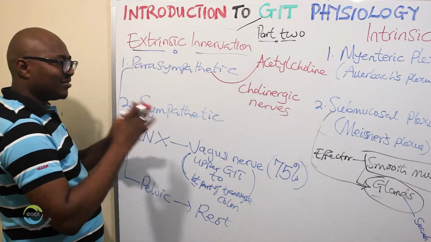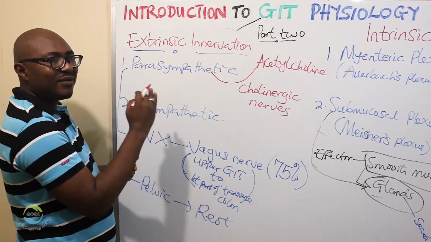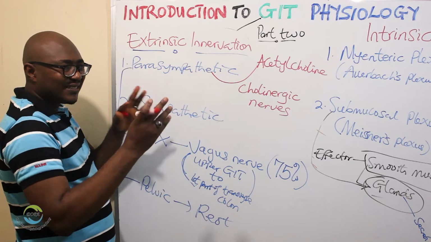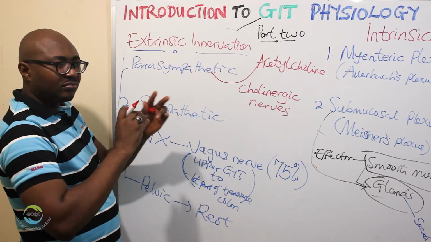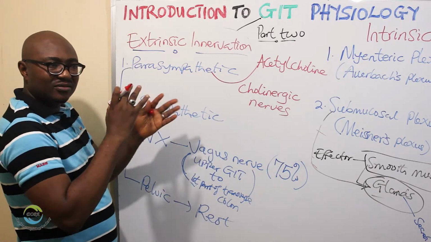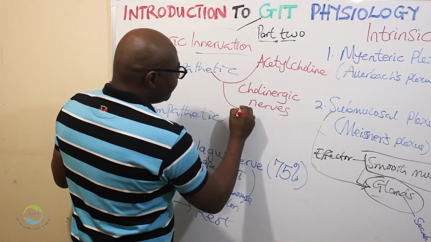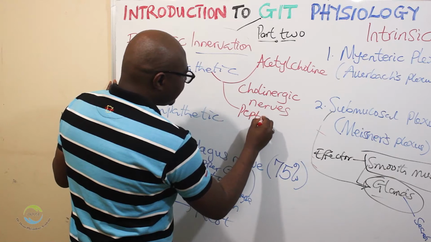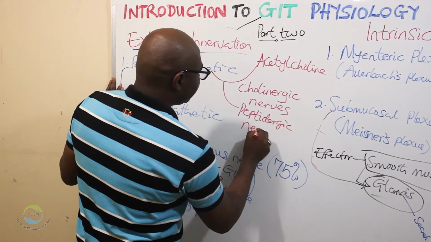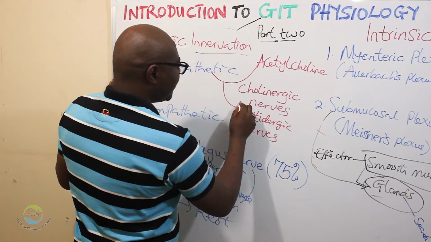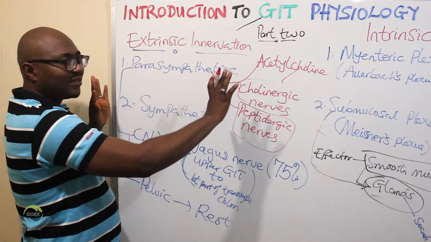We refer to the nerves as cholinergic because they secrete acetylcholine mainly. But some of them also secrete other substances that are peptides. Peptides are from amino acids. When amino acids combine, they form peptides. So you call them peptidergic nerves. It secretes peptides, while this one secretes acetylcholine. So that is that for the parasympathetic.